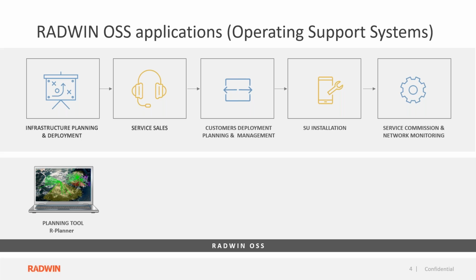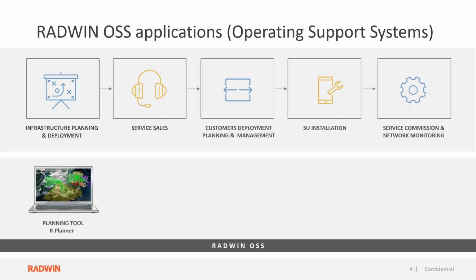In the future, we will be able to do planning for TV white space and for a microwave solution, which are coming very soon this year as a complement to our portfolio.